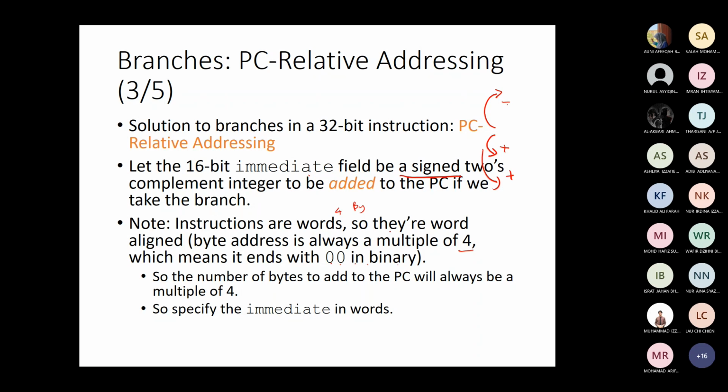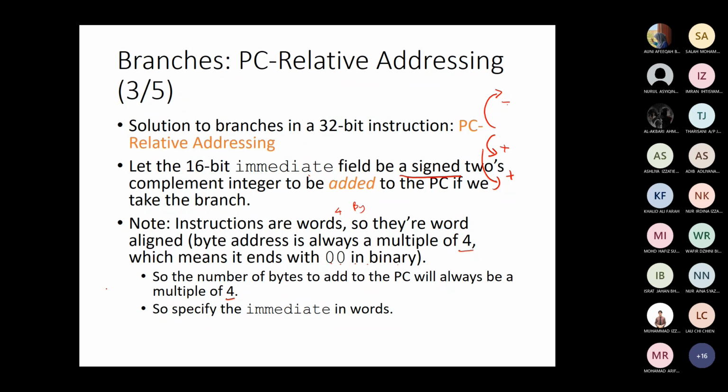So let's say we want to jump one instruction. One instruction means 4 bytes, so we add 4. The number of bytes to add to the PC will always be a multiple of 4.